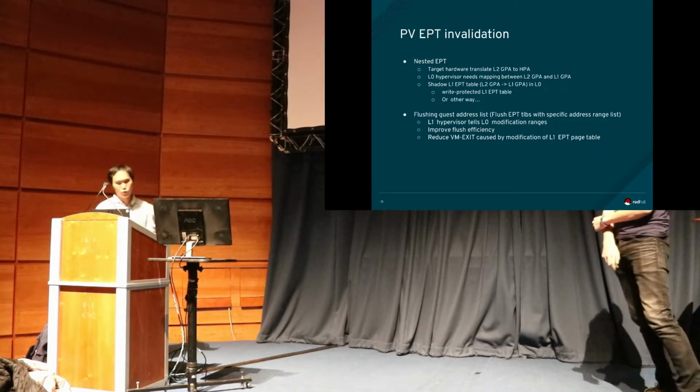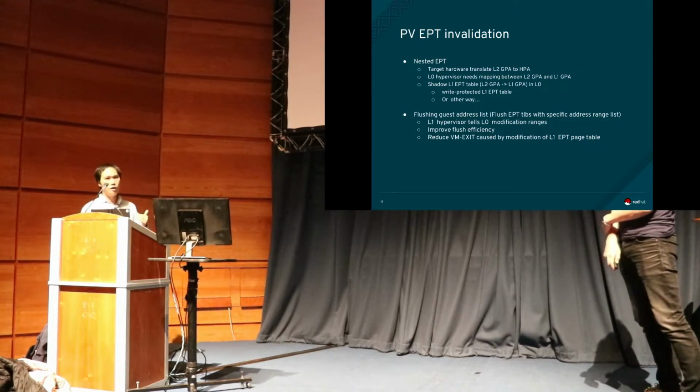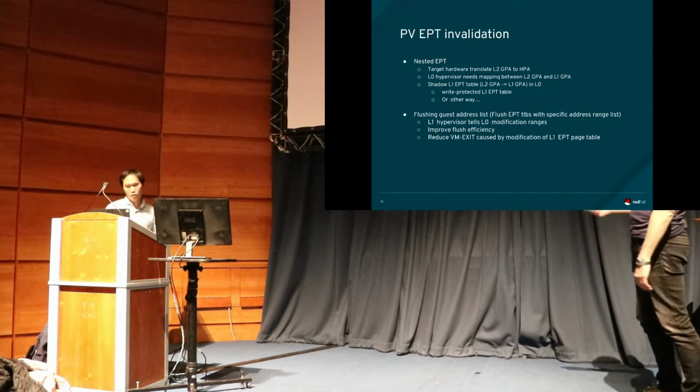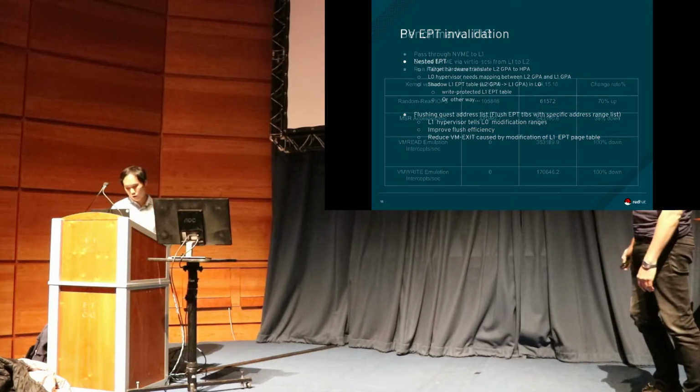So that can improve the flush efficiency, and otherwise we don't need to write protect the L1 EPT page table. So that can reduce the VM exits caused by the modification of the L1 EPT page table. Okay, that's the EPT invalidation section.